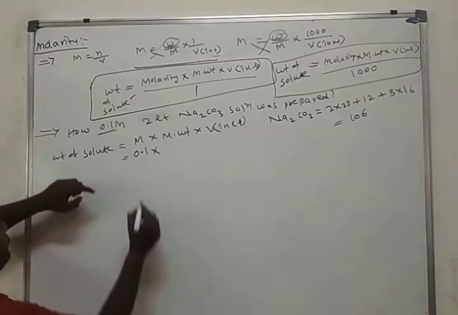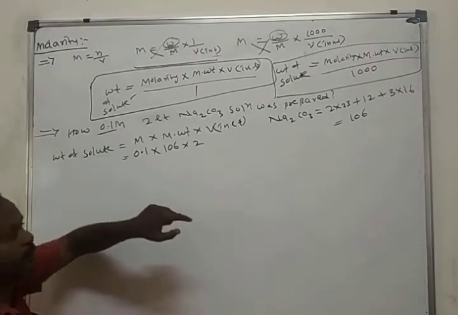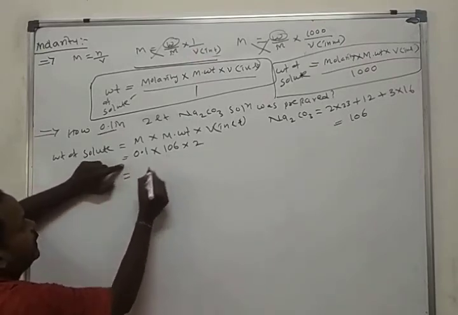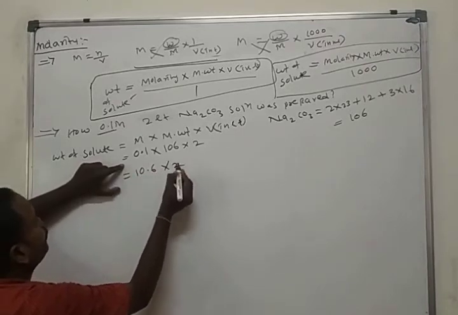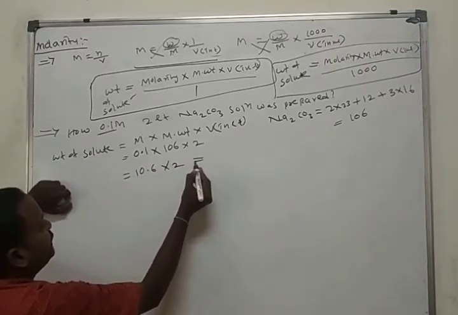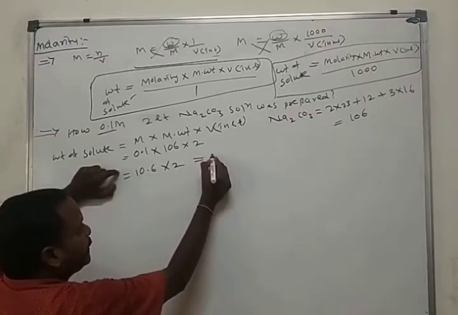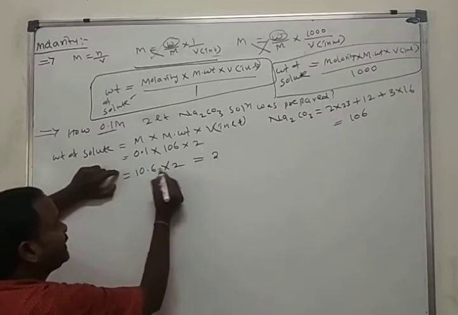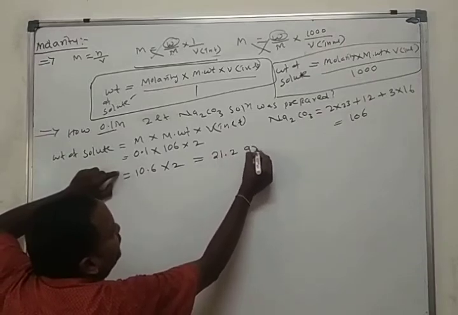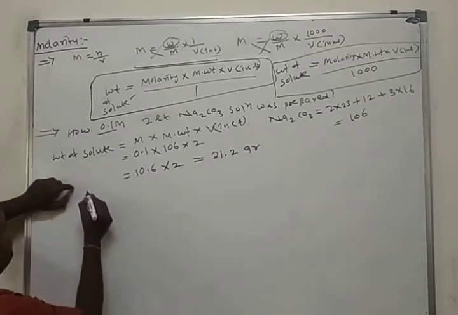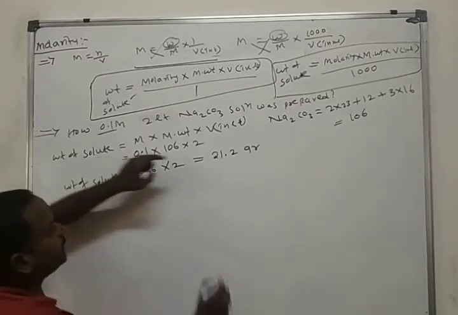So 106 into 0.1 means 10.6, into 2 liters is equal to 10.6 into 2. 10 into 2 is 20, and 6 into 2 is 12. That means 21.2 grams. Weight of solute here is 21.2 grams.